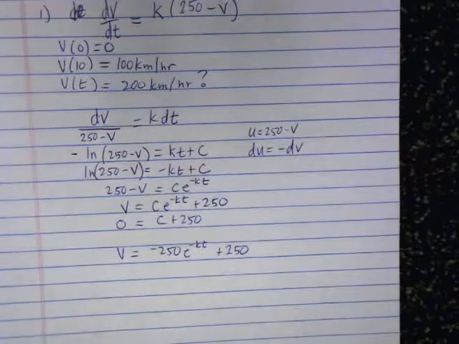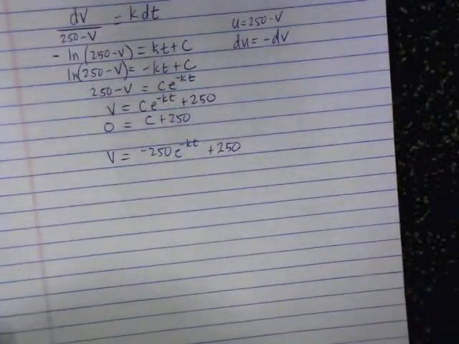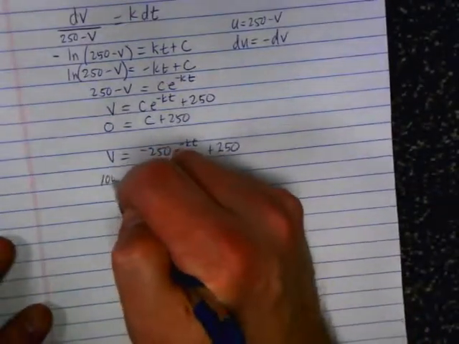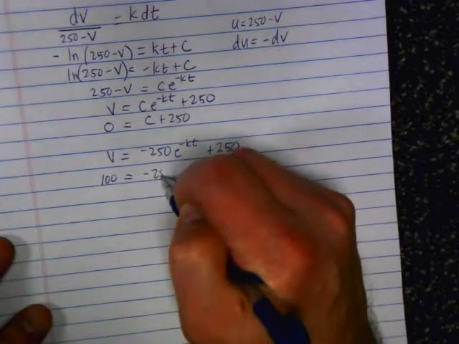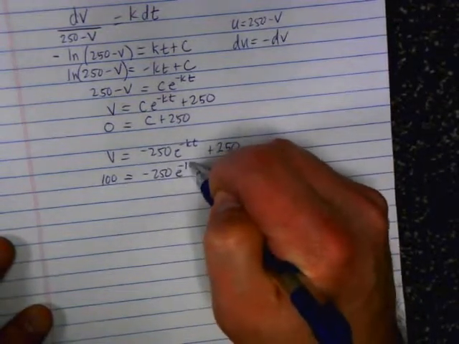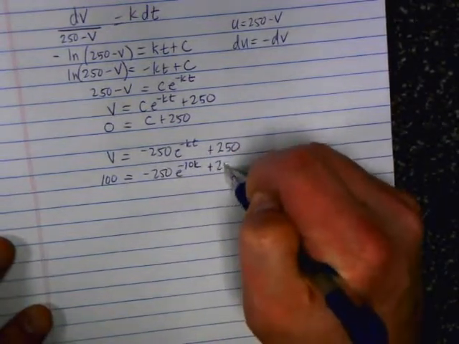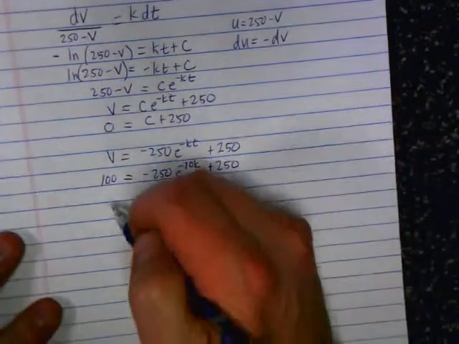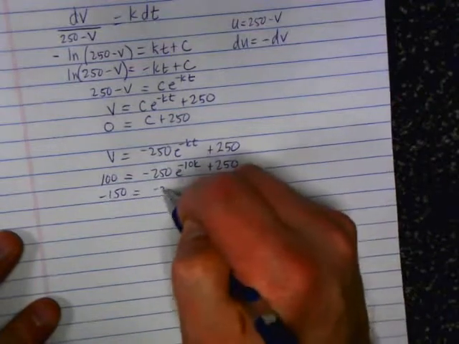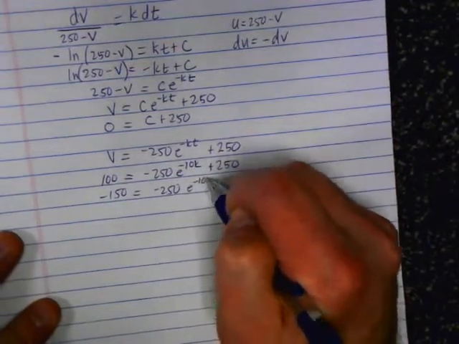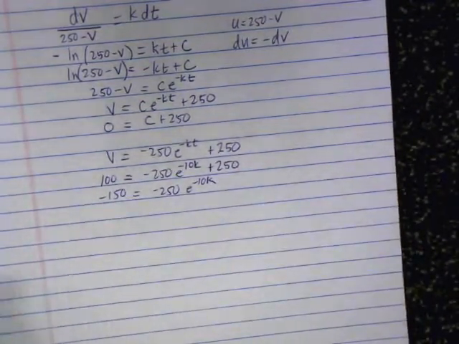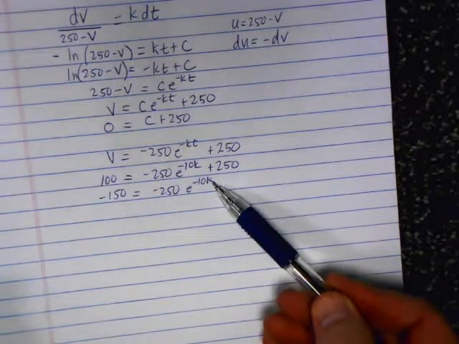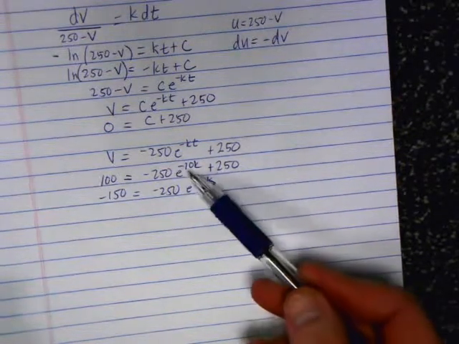Then I plug in my other initial condition. v at 10 is 100. 100 equals minus 250 e to the minus 10k plus 250. Subtract the 250. Where'd the k go? The k's still there. Oh, I plugged in 10 for time. I just wrote it as minus 10k.